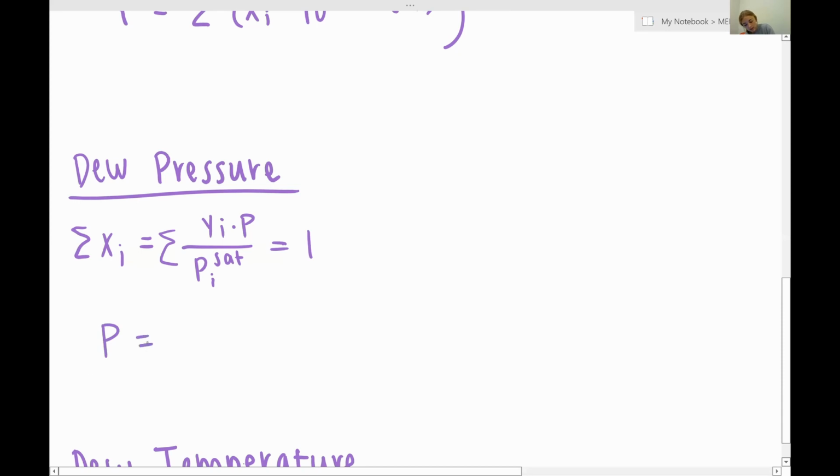So we want to pull out the P, and then we need 1 over the sum of our mole fraction in the vapor phase over our saturation pressure in the vapor phase. So that's going to be our expression for dew pressure.